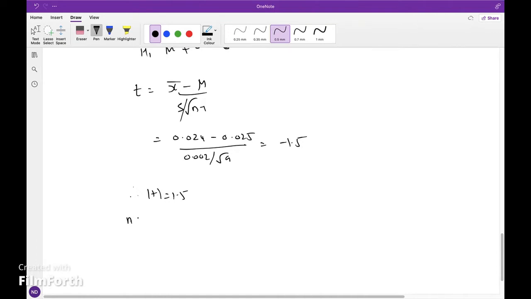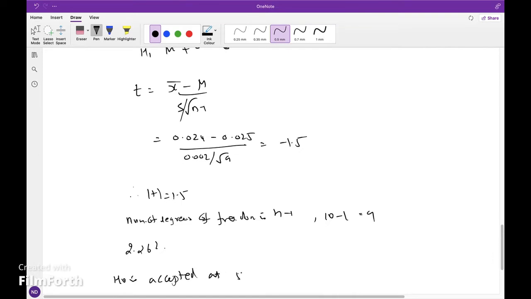The number of degrees of freedom is n minus 1, so 10 minus 1, that is 9. The table value of t for 9 degrees of freedom at 5 percent level of significance is given, that is 2.262.